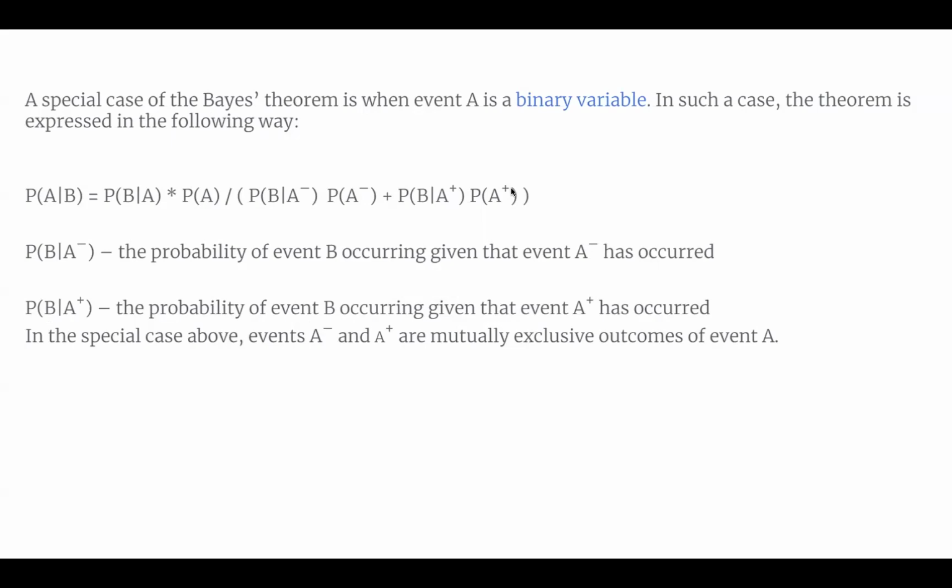Again, we are going to see some examples in the next slide. So this is probability of B given that A negative has occurred, and this is probability of B given A positive or A plus has occurred. A plus and A minus are mutually exclusive outcomes. Like both cannot come.